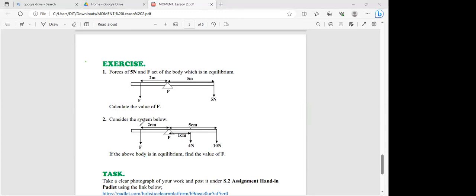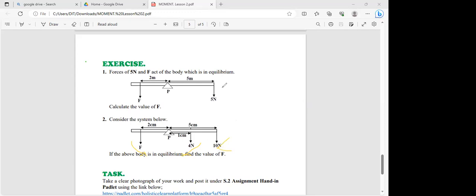We have F giving us anti-clockwise, then 4 and 10 giving us clockwise. Now remember we said that moment is force times perpendicular distance from the pivot, and that distance must be in meters.